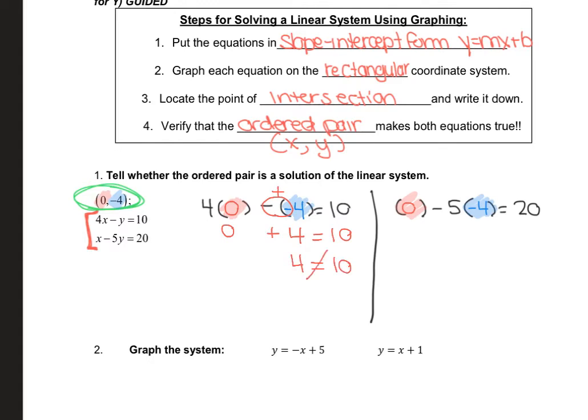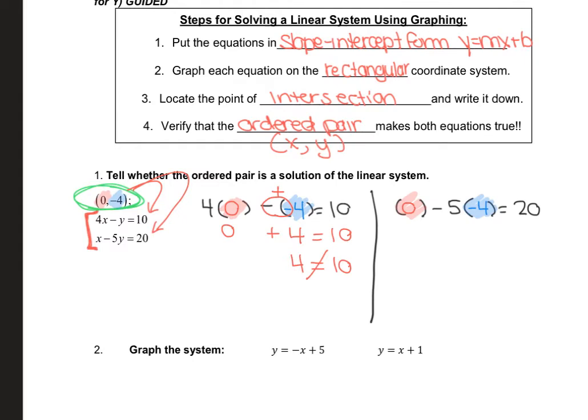Now, as soon as this does not work for one of my 2 equations, it is not a solution for my system. Because in order for it to be a solution for my system, this ordered pair has to work for both.